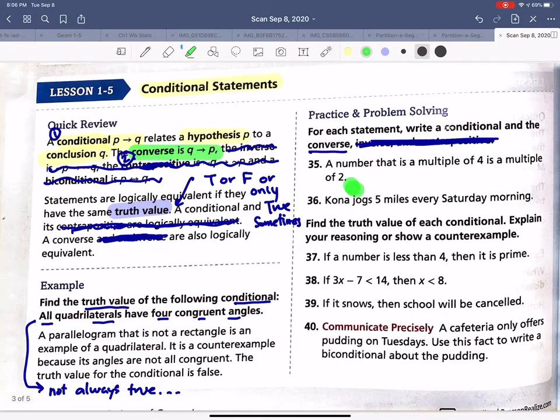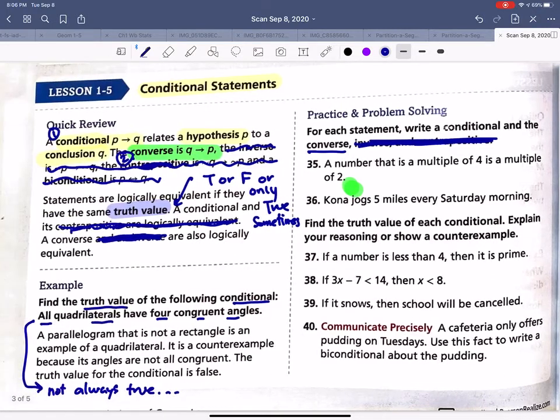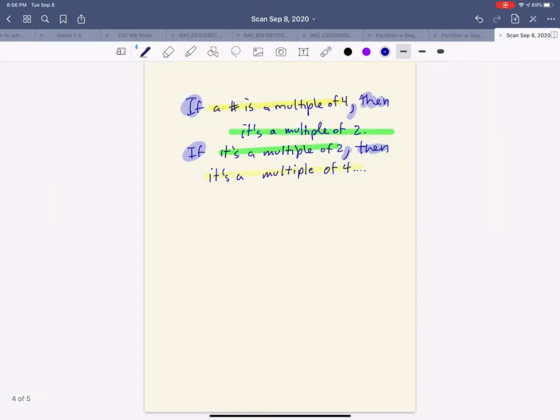All right, now let's look at 36. Kona jogs 5 miles every Saturday morning. So if Kona jogs 5 miles, then it's Saturday morning. Maybe pause the video.